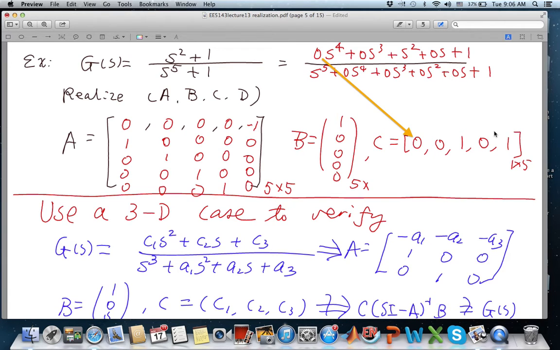So we have the C matrix as a 1 by 5 matrix, which is 0, 0, 1, 0, 1. Okay.